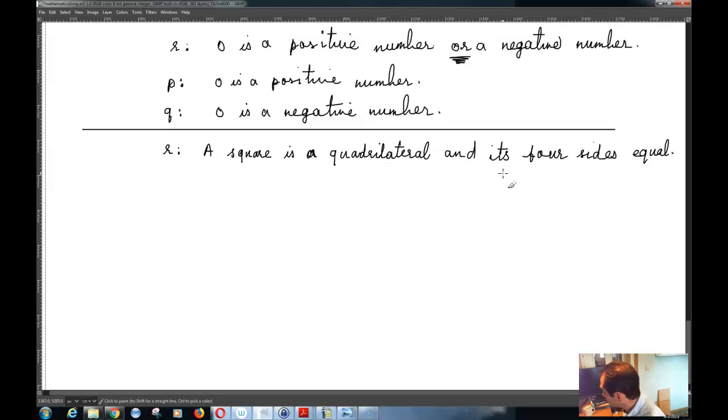So the component statements are P, a square is a quadrilateral, and Q, a square has all its sides equal.